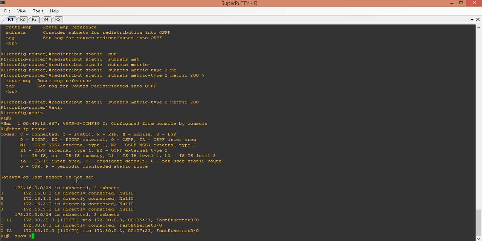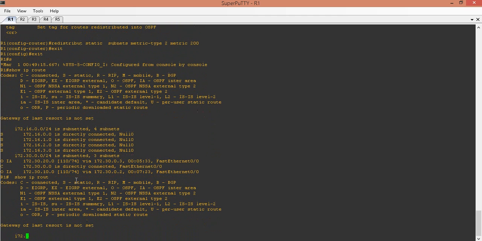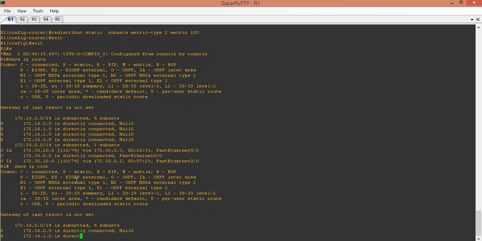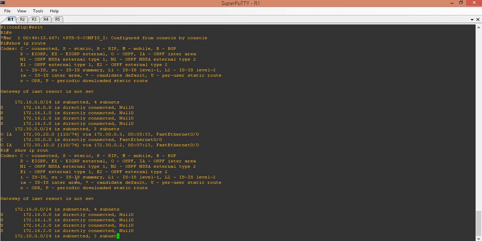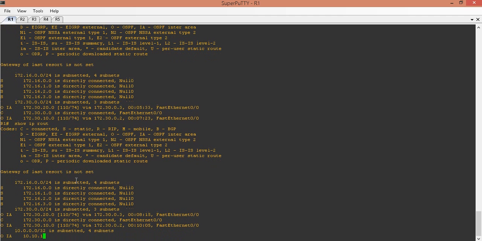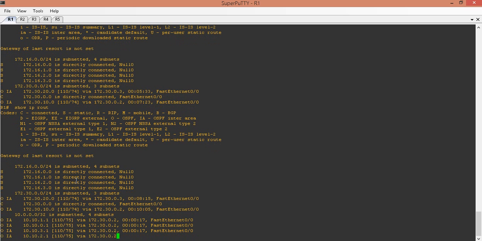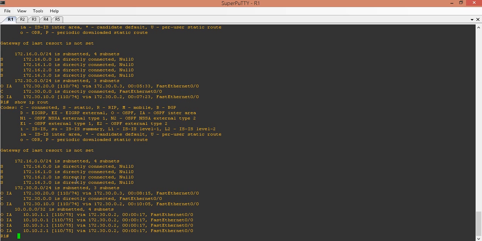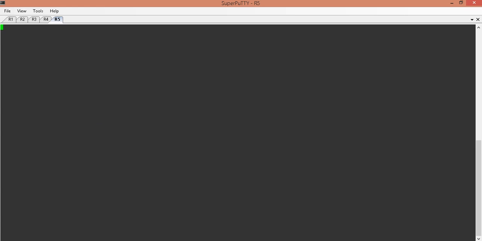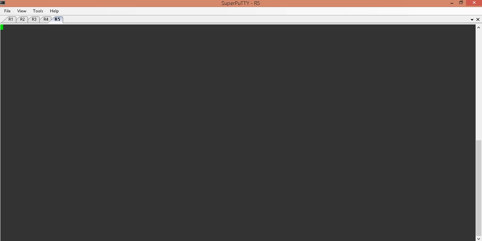Let's see, so IP route. You see, those are the loopback interfaces on router 4, dot 0, dot 1, dot 2, dot 3. Yes, and going back to router 5, we enable OSPF on router 5.